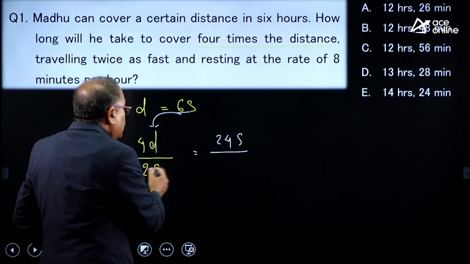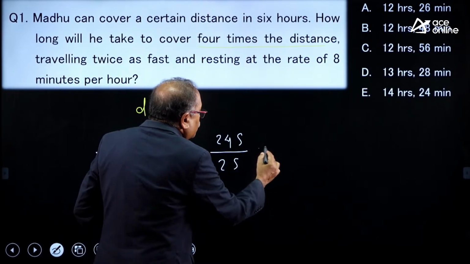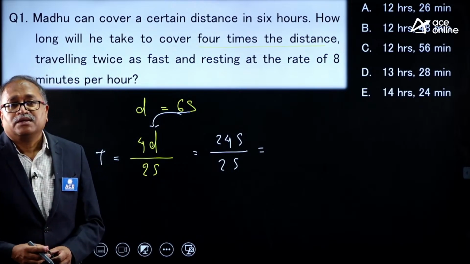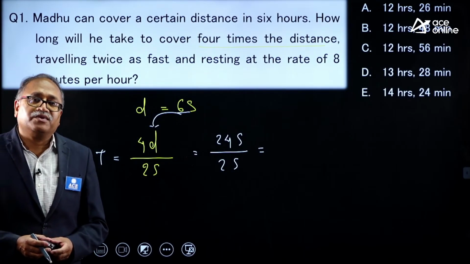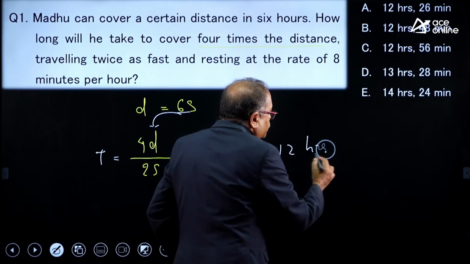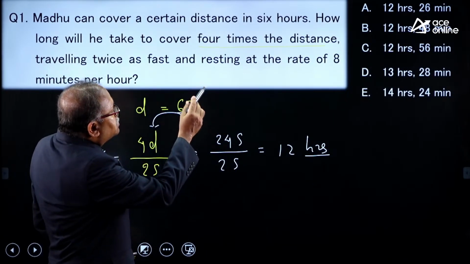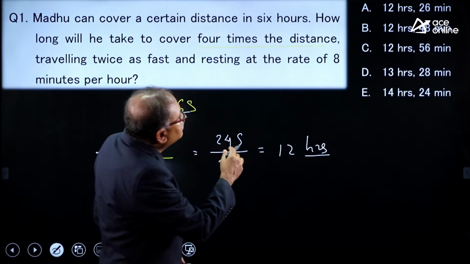So, 24s by what, 2s. So, finally, what will be the answer? The s gets cancelled, 24 divided by 2, and that comes to 12 hours. That is your answer: 12 hours.